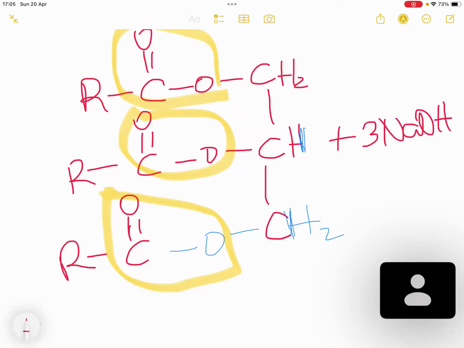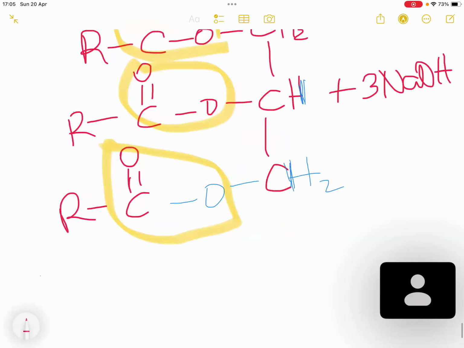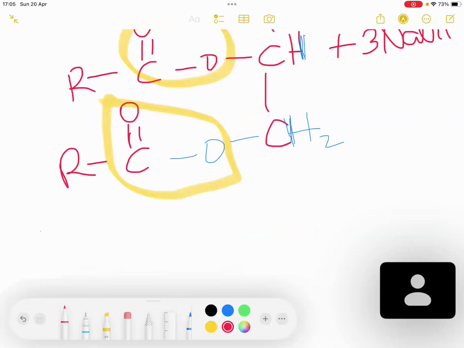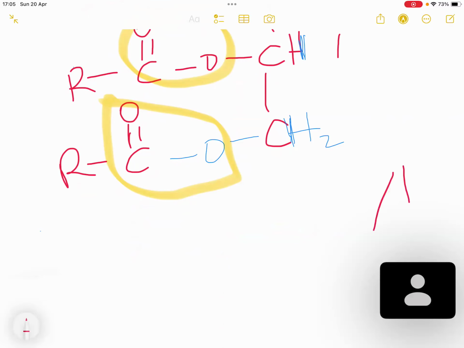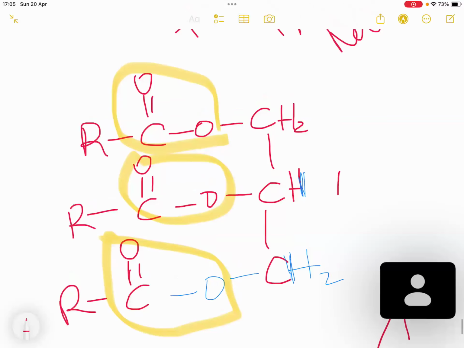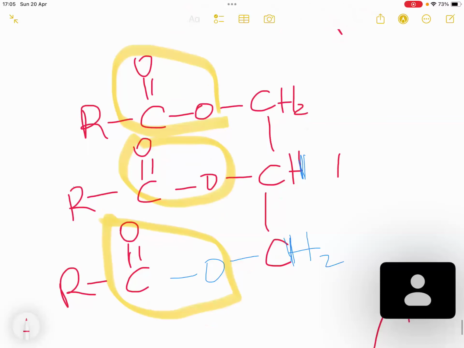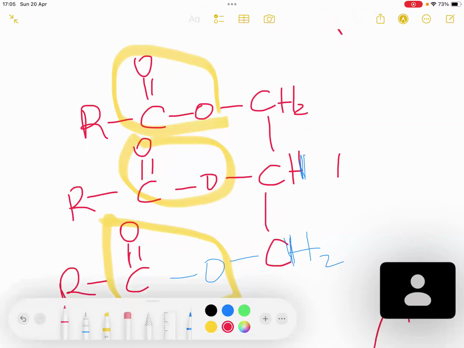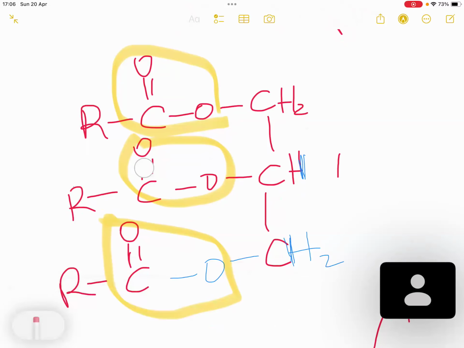So again, where I find my ester linkages, the molecule is going to split there. So right here, my molecule will split.